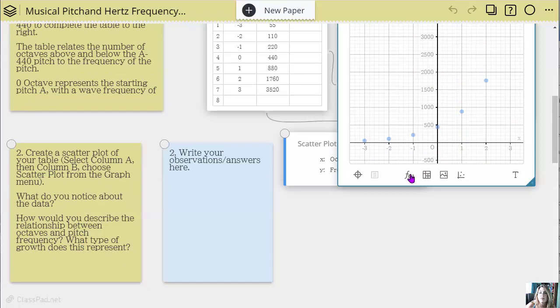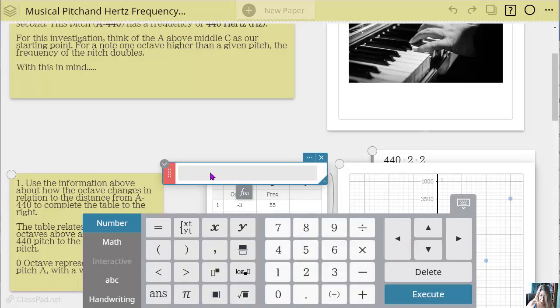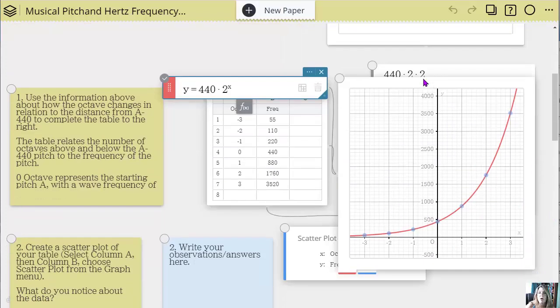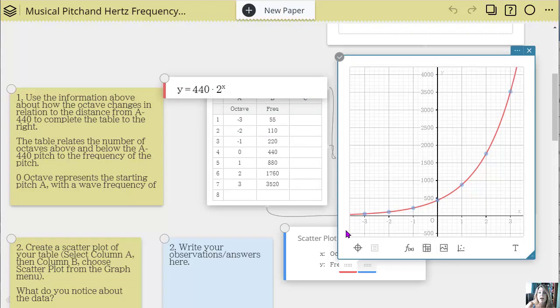Let's see if that actually graphs. I can use this template right here if I want to. So let's see if that works. It seems to fit pretty well.